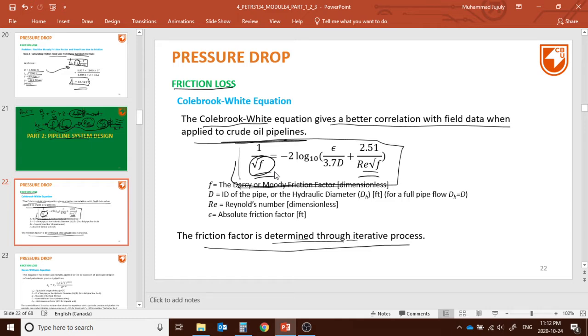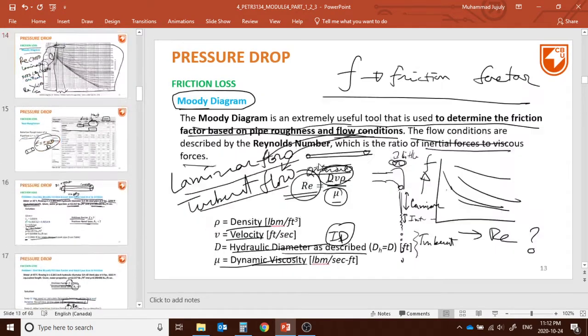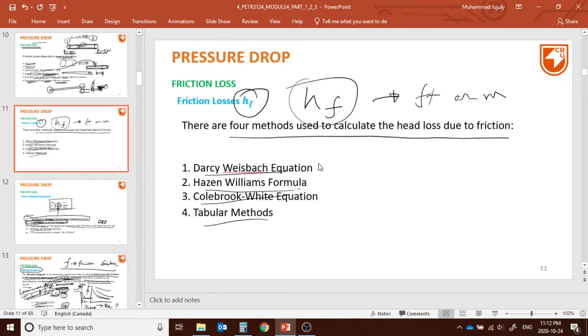So this is about the Colebrook-White equation, and there is another one we call the Hazen-Williams equation. Remember, in part one we said there are several ways we can calculate the friction loss, like the Darcy-Weisbach equation through the Moody chart.